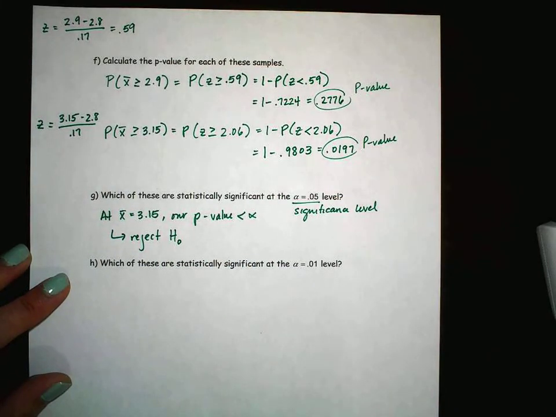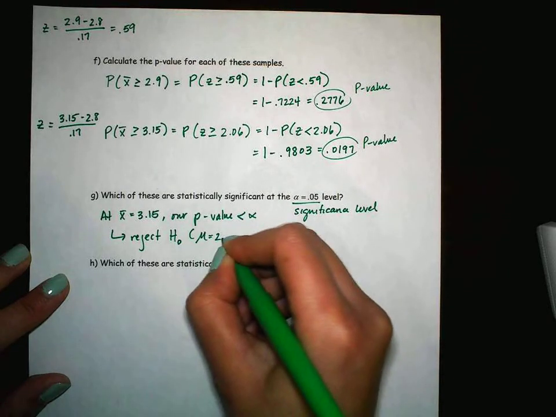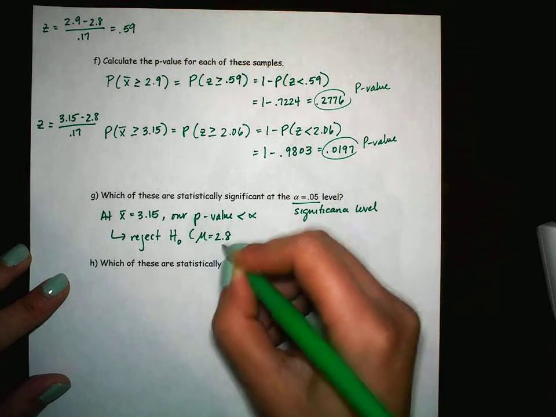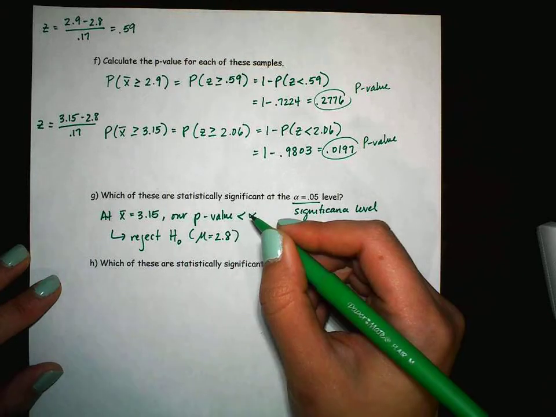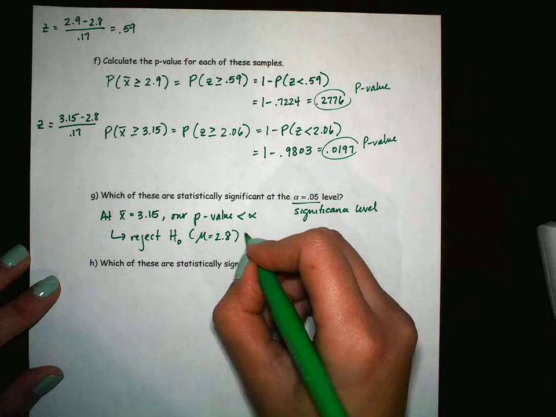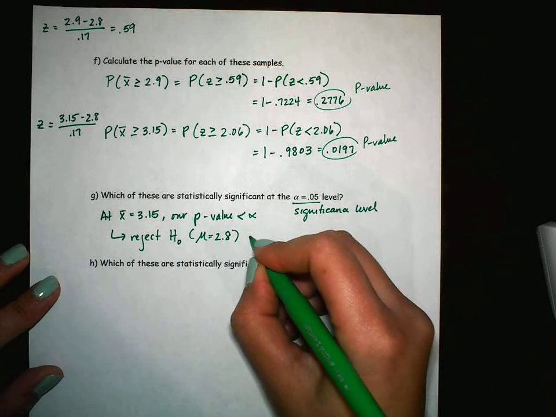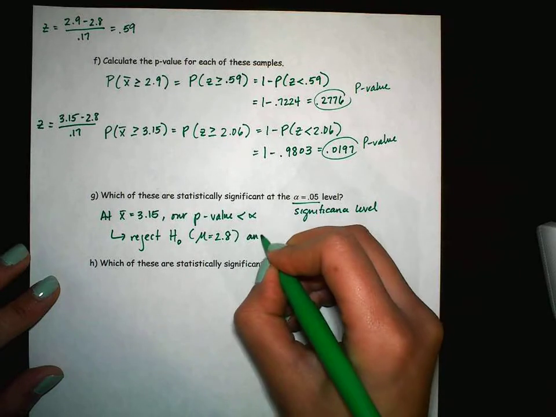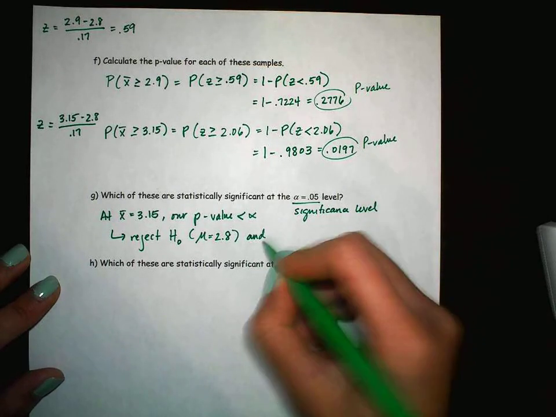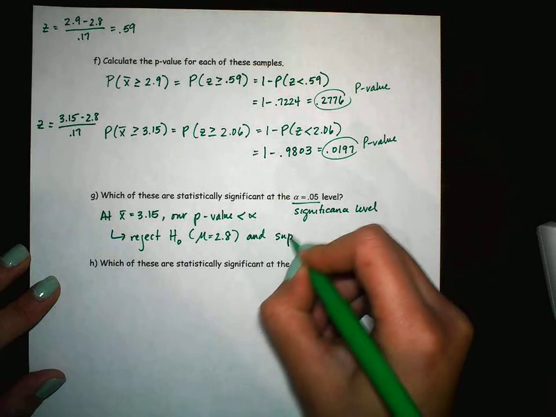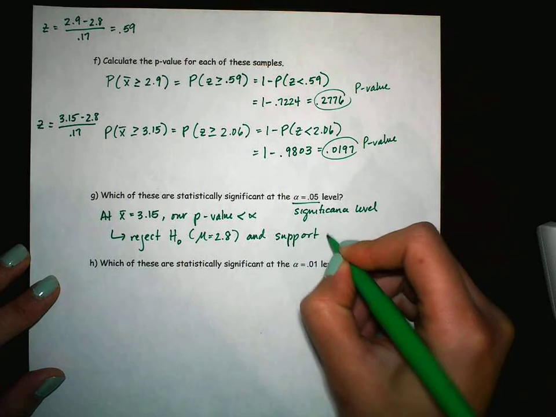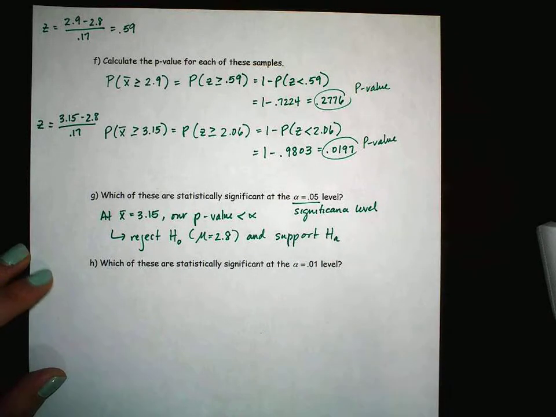Okay, remember the null hypothesis was that the mean was 2.8. Okay, and then we'll go report the alternative hypothesis.